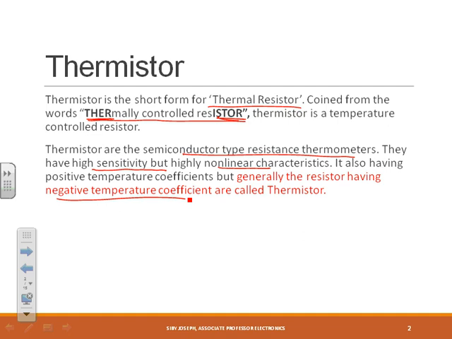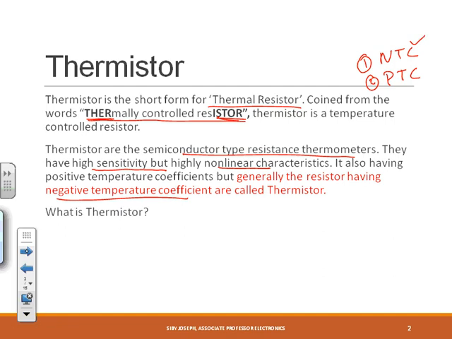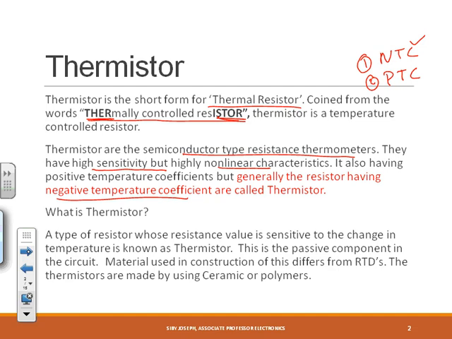There are two types of thermistors. You see the next slide. The first is the negative temperature coefficient type, and the second is the positive temperature coefficient type, NTC and PTC. Commonly we use NTC type thermistors. So now we can define the thermistor. A thermistor is a type of resistor whose resistance value is sensitive to change in temperature.